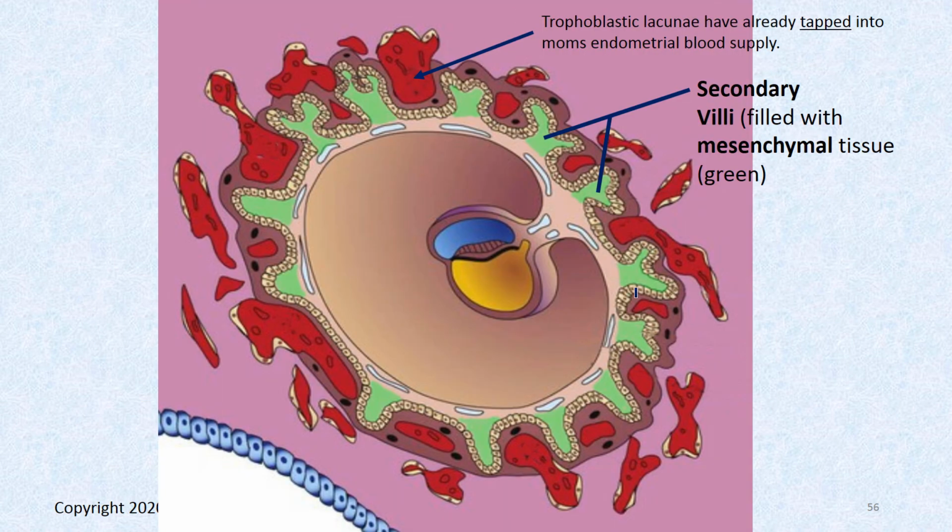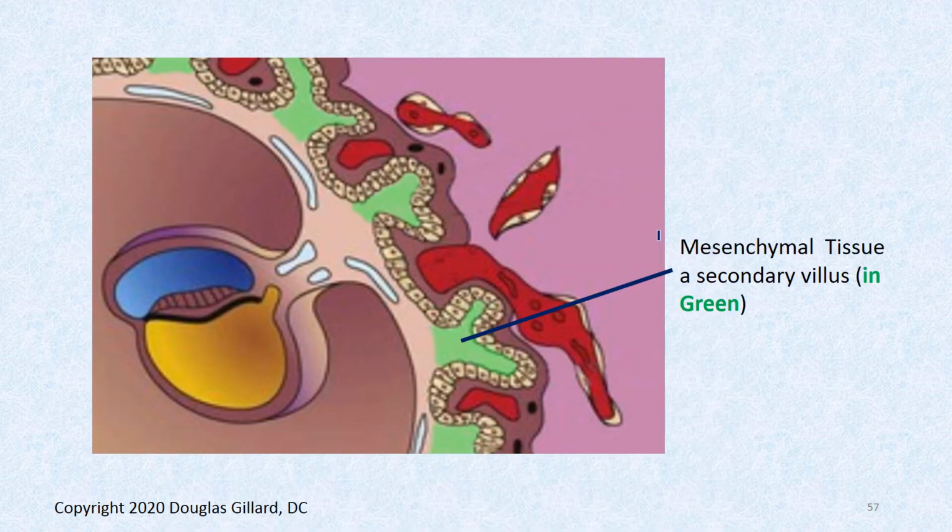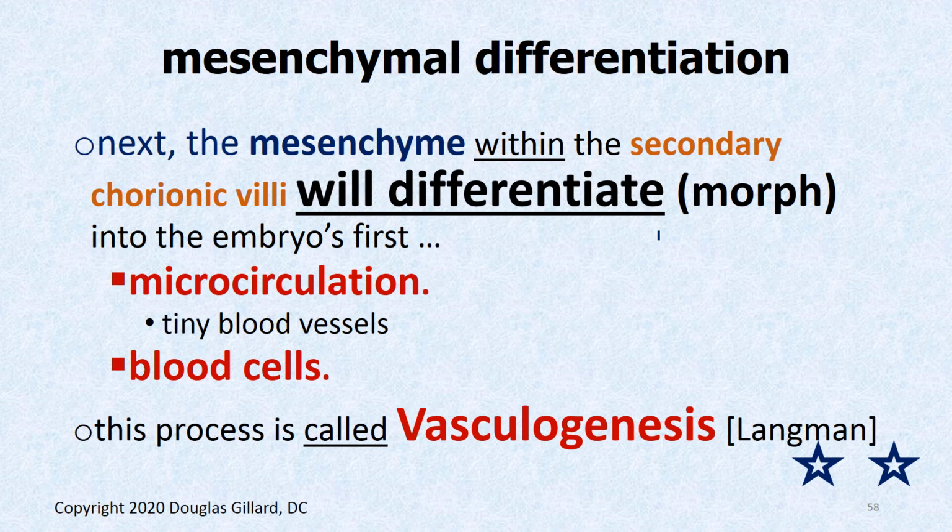Right? So here's a cartoon. We got this new green stuff growing in the chorion, and that is the mesenchyme that popped up. You can see it everywhere. That's magic tissue, and it's starting to poke into these lacunae to get blood going there. But it doesn't do anything yet, because we need to make blood vessels, but that's exactly what it's going to do.